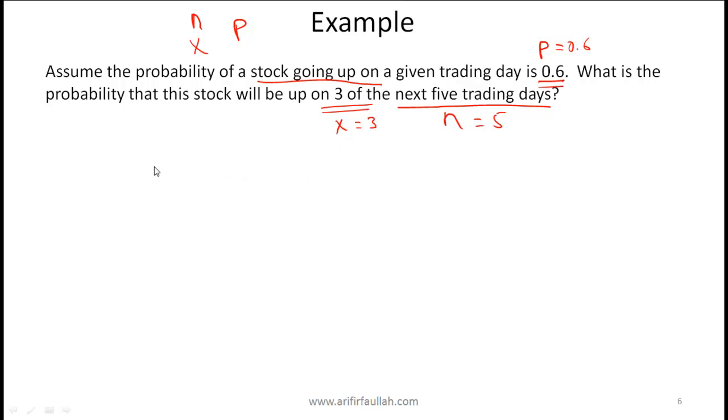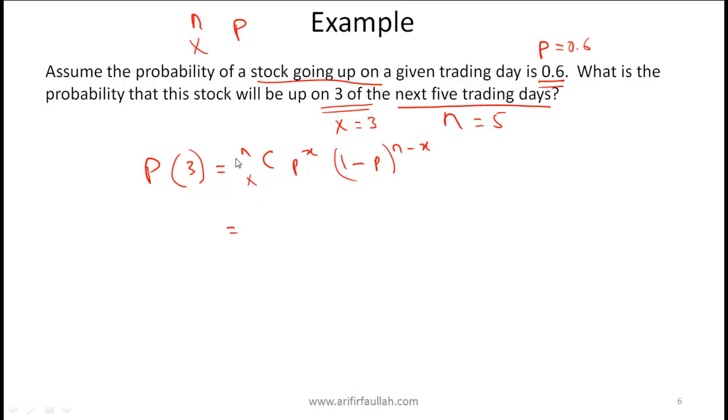Now going back to the formula, the probability of x equal to 3 is nCx times p to the power of x times 1 minus p to the power of n minus x.